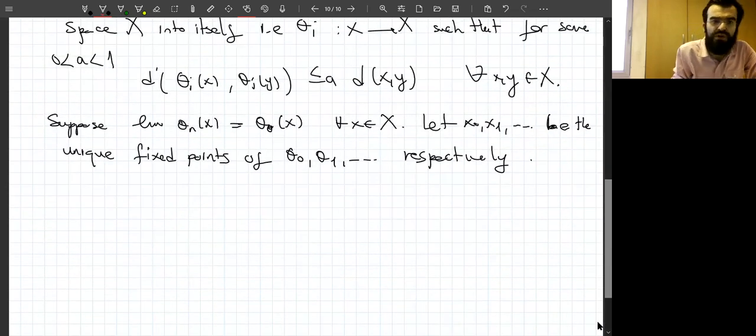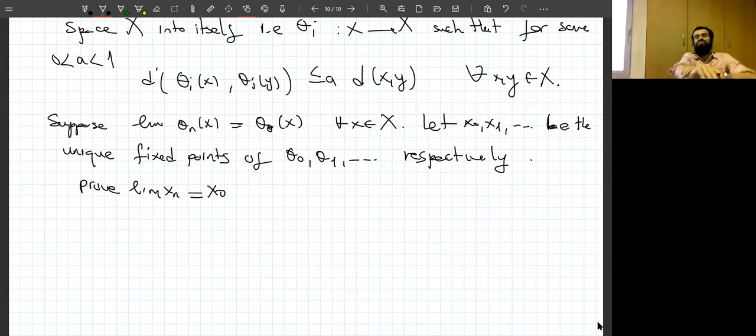Now, prove limit xn is x0. Okay, so solution.